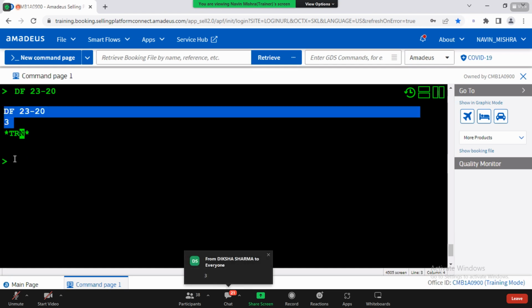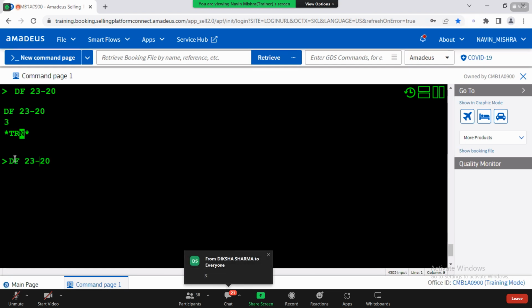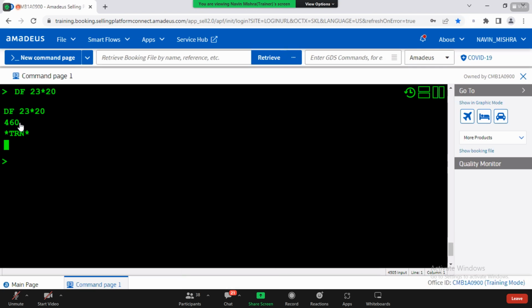Similarly, if you want to multiply, instead of minus, you enter an asterisk, which will give you the exact answer of multiplication. Now, if you want to divide, put in a slash and enter. It will give you the exact division.